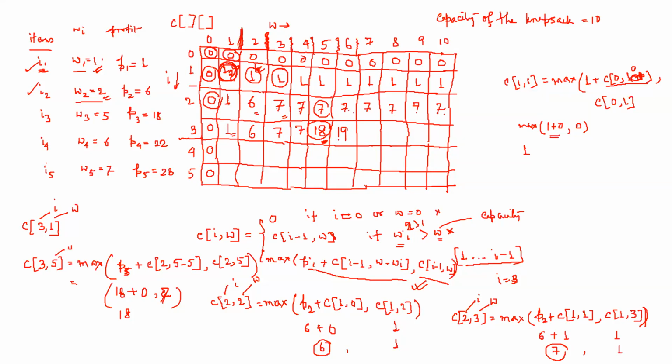The reason is that if the capacity is 6, we can choose item 3 and item 1. Item 3's weight is 5 and item 1's weight is 1, so 5 plus 1 is 6. That will be the maximum profit, so 18 plus 1, 19.